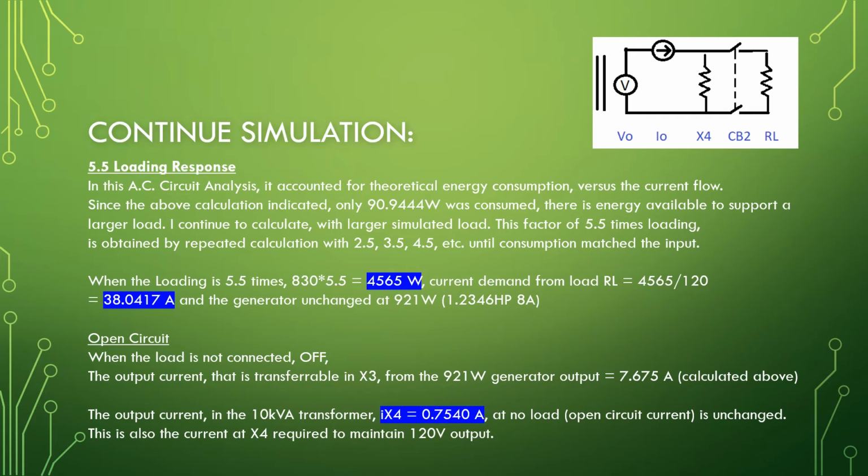The output current in the 10 kVA transformer IX4 equal to 0.7540 ampere. At low load, open circuit current is unchanged. This is also the current at X4 required to maintain 120 volt output.